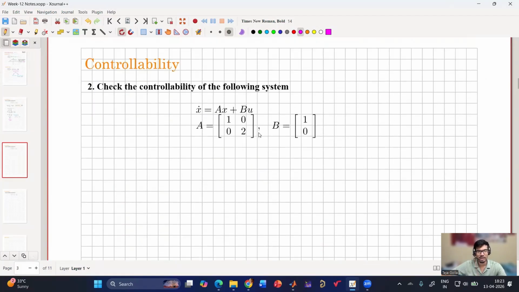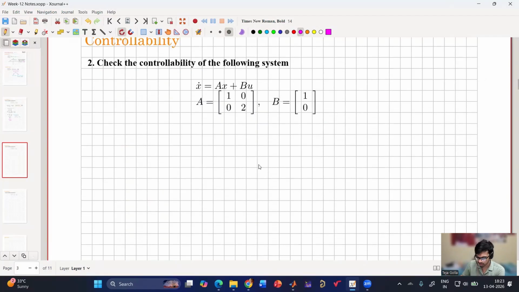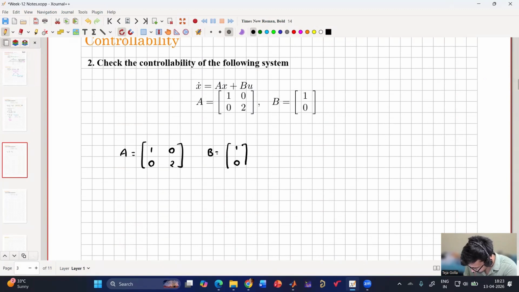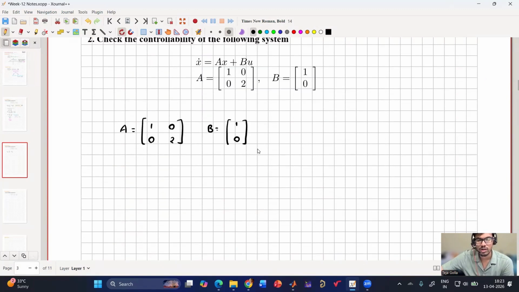So now let us quickly solve another problem. Check the controllability of the system. Here A and B are different from what we have considered previously, and the order of the system is the same. So A is [1, 0; 0, 2], and B is [1; 0]. Okay. So in this question, the order is the same as the previous question.